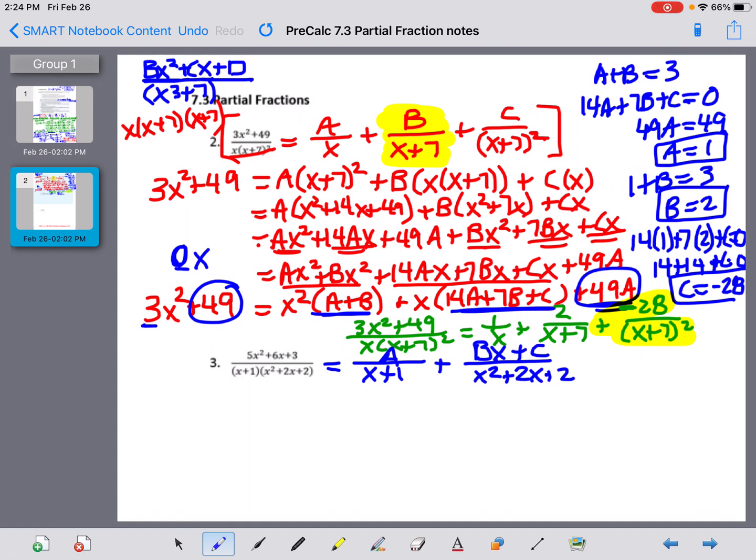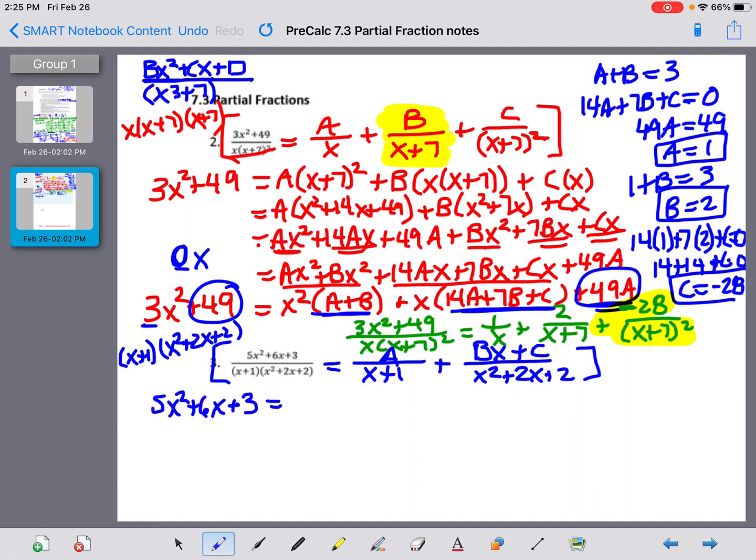We have our two denominators split. We have our numerators with our constants up there, our a, and then now our bx plus c. We're going to multiply times its common denominator, which is the x plus 1 times the x squared plus 2x plus 2. Okay, so the denominator on the left side cancels with what we're multiplying by, and I'm left with 5x squared plus 6x plus 3.